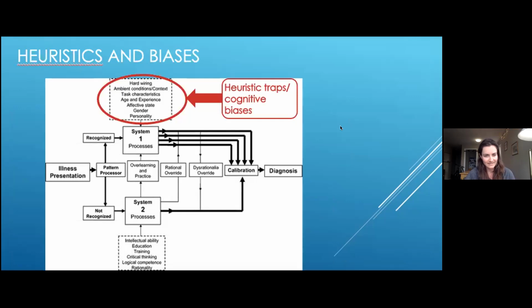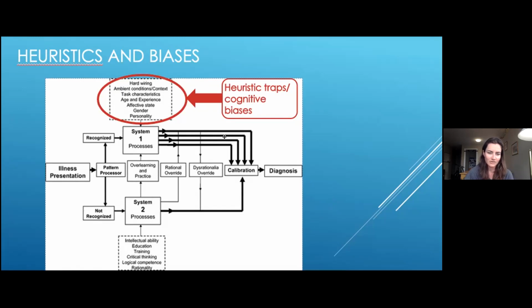Coming back to this ugly chart or graphic that I included early on, the reason I wanted to include this one in particular is because of the dotted line boxes, which are the interesting part. These are where they're trying to include that even if we have excellent illness scripts in our minds and excellent diagnostic schemas, we still have to actually go through the process of making the decisions.